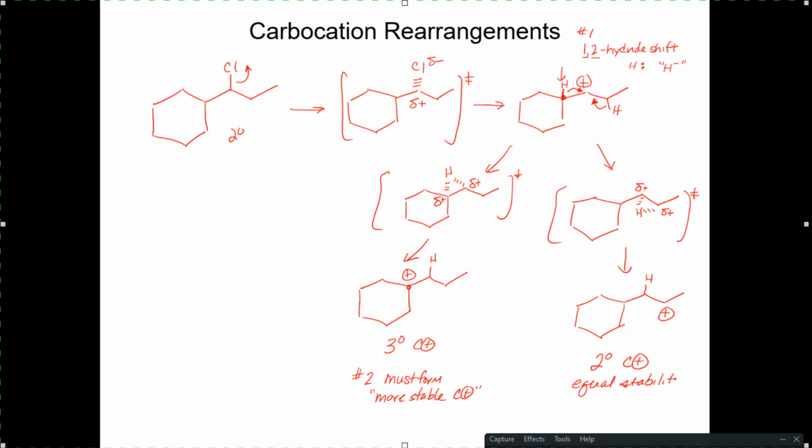So I didn't pay for the transition state to get there, and so this will not happen. You will only get a hydride shift, a carbocation rearrangement, when you form a more stable carbocation. So equal stability, it's not going to happen.